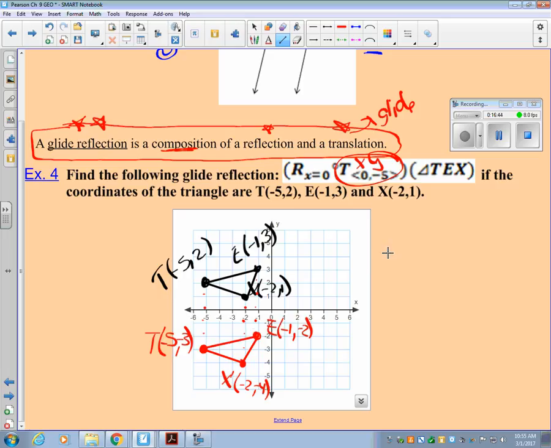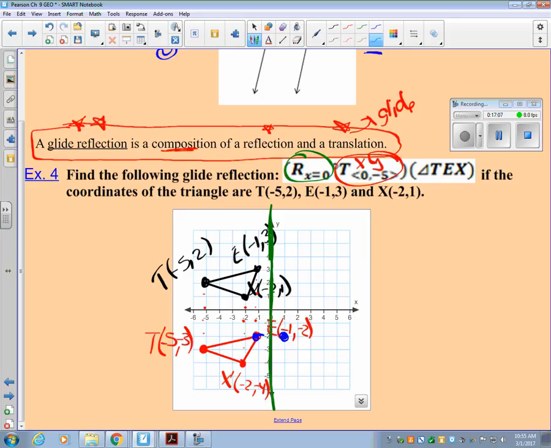Now the next thing we're going to do is reflect across X equals 0. X equals 0 is this line here. Remember, when we reflect, we preserve the distance. E is closest, so I'll do E first. It is 1 unit away.